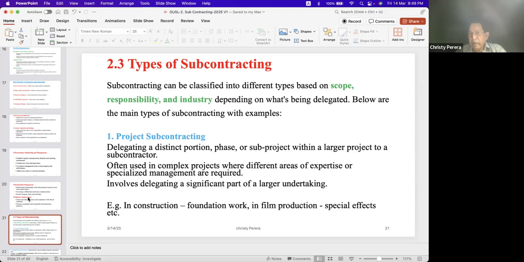So they couldn't take subcontractors. But normally they go as subcontractors on other films, some parts, special effects, animation and multimedia. That's the example I put here.